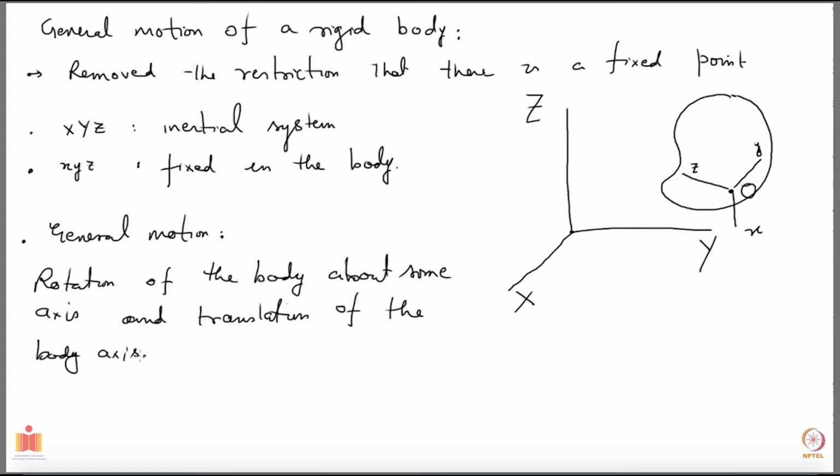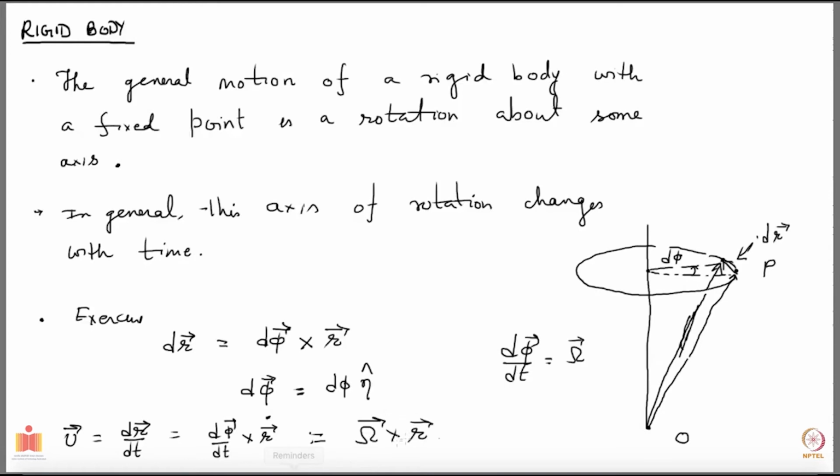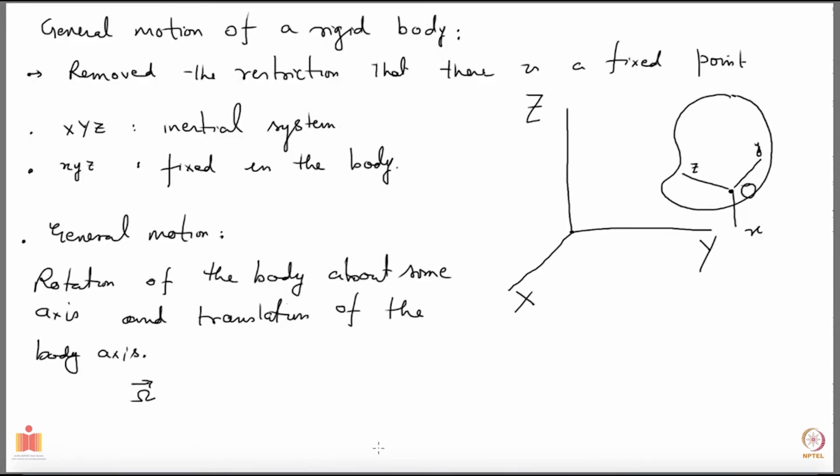That's what the most general motion would be. Now, because the body is going to be rotating about some axis, let me say that it has an angular velocity omega, which we defined here. So that's the angular velocity which I ascribe to the system.